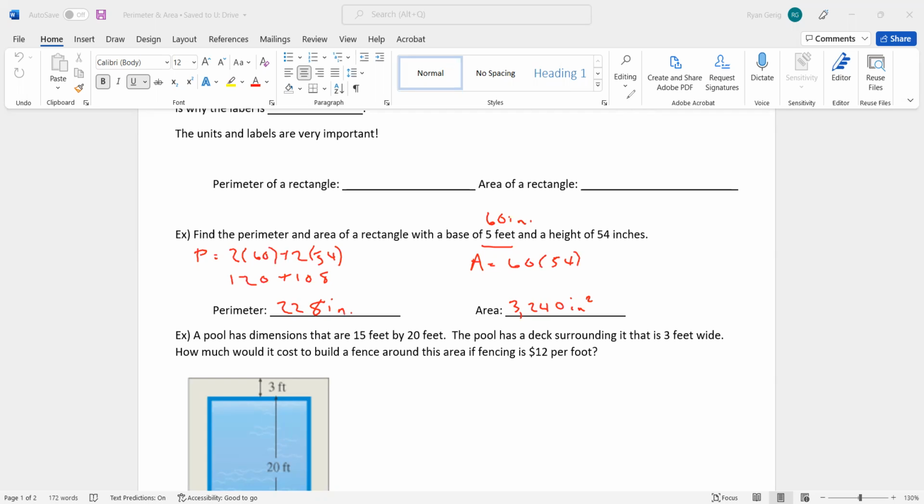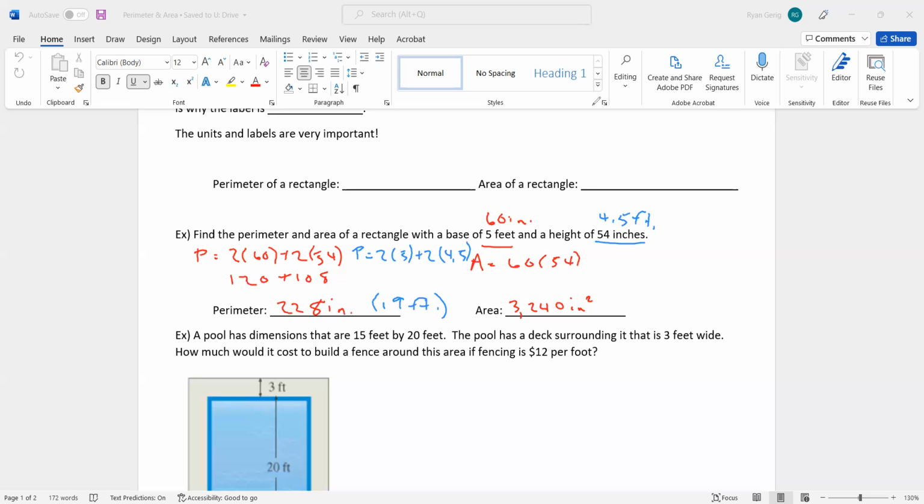Now, what happens if I wanted to put this in feet? Okay, let's change 54 inches into feet. Well, 54 divided by 12 is 4.5 feet. And now let's redo what we just did with these new measurements. So the perimeter would be 2 times 5 plus 2 times 4.5, which gives me 19 feet.